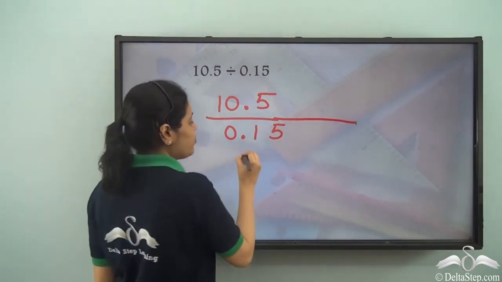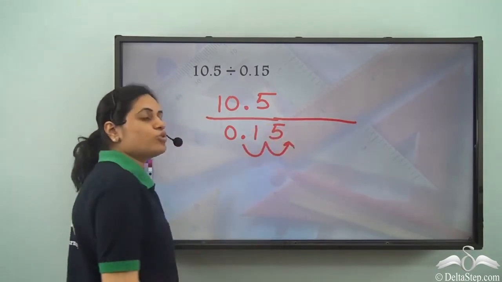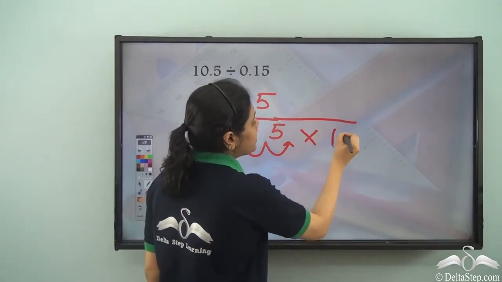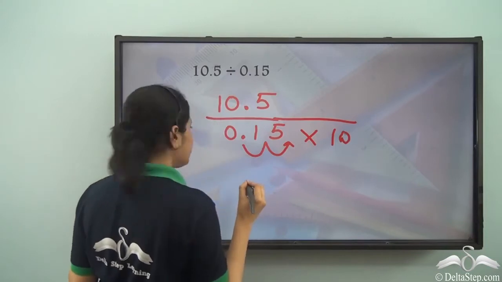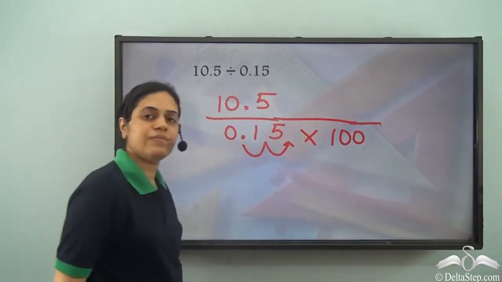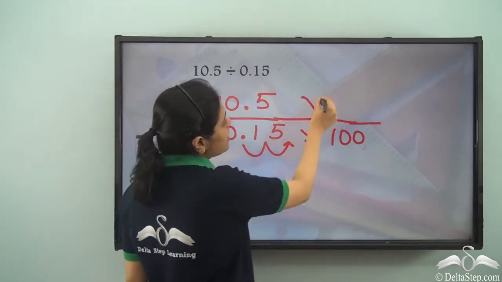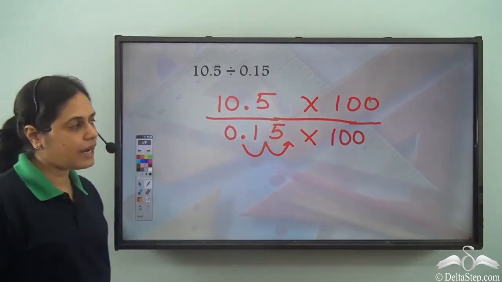In order to remove that, I need to move 1, 2 places to the right, which means I need to multiply it by 1 and then 2 zeros, that is 100. And if I am multiplying the denominator by 100, I need to multiply the numerator as well by 100.